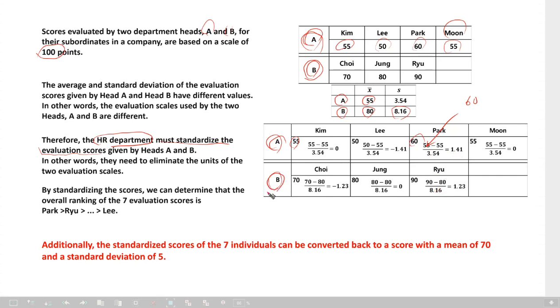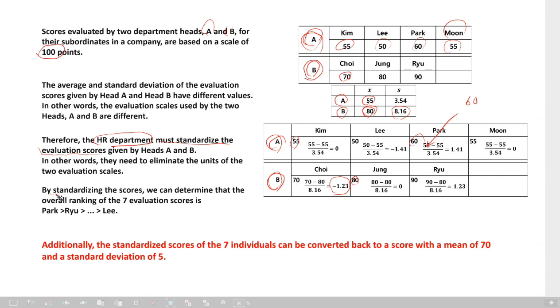For department head B, Choi, 70: 70 minus its mean, 80, divided by 8.16, is minus 1.23. For Jung, 80: 80 minus 80 divided by 8.16 is 0, right? So all 7 persons' scores are standardized, in other words, unitless.